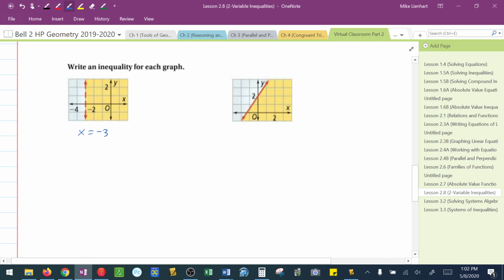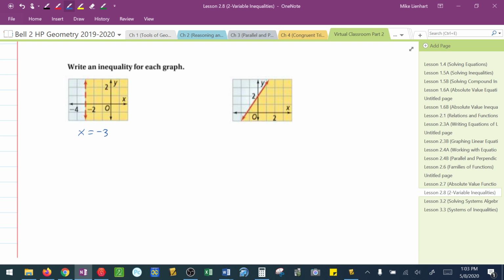This is an inequality. I know that this inequality is going to be either a greater than or a less than because I have a dashed line. Now, we've been using this concept of y's are big or y's are little. There's no y's in this equation, but we do have an x.